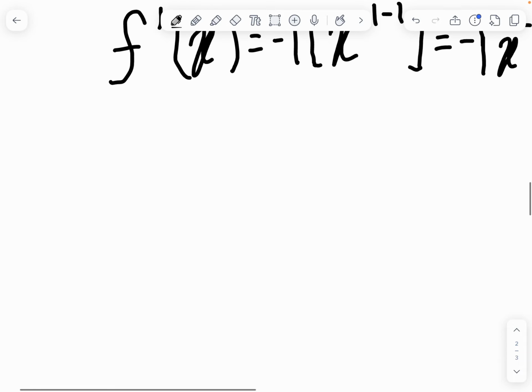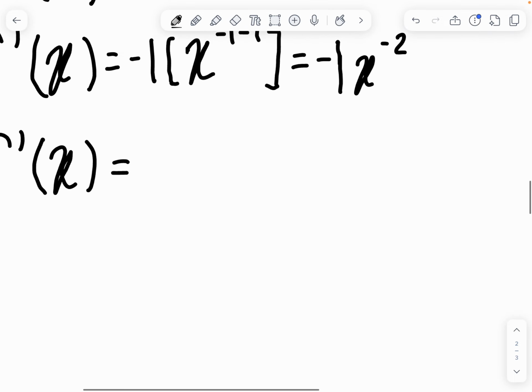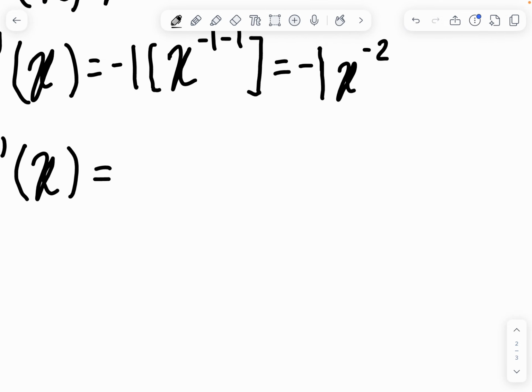So in the end, I'm just going to be writing f prime of x equals negative 1 over x to the power of 2.